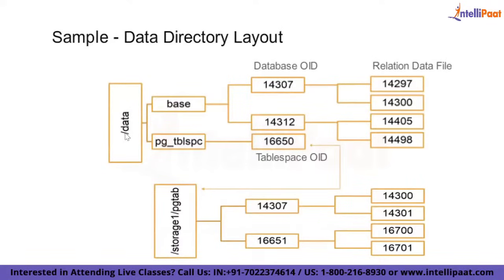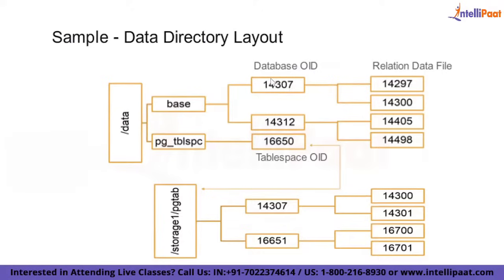You see here, in the data directory, you have the base directory. For each database, let's say I create databases A, B, C, D, a number will be given, that is the OID, object identifier. A directory will be created with each database OID, and under that you will have subdirectories again.